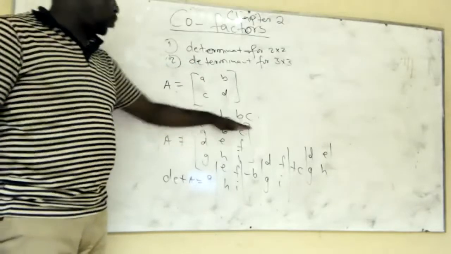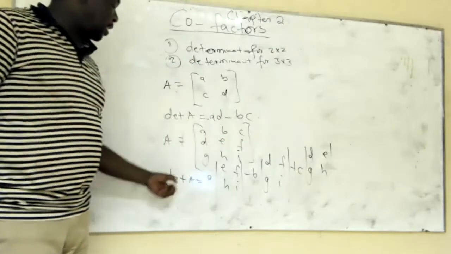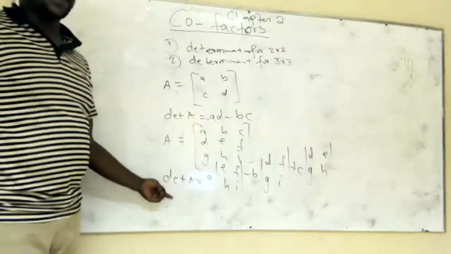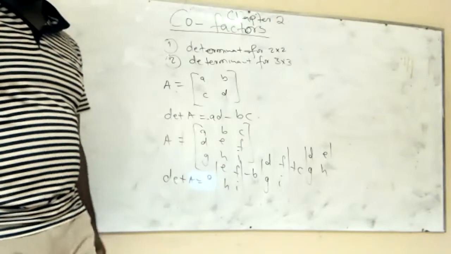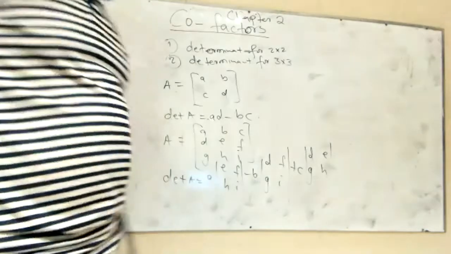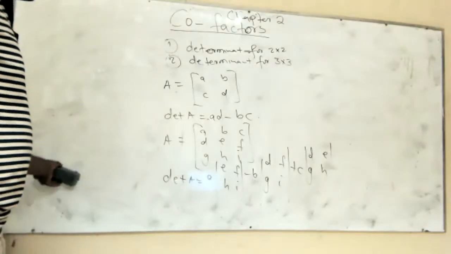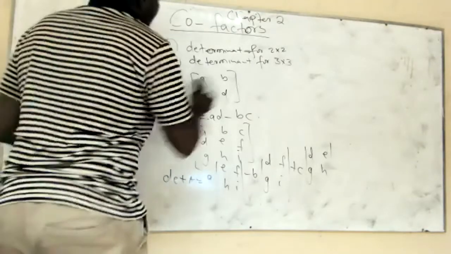So you hold the first row in order to obtain the determinant of 3 by 3. You must remember this.